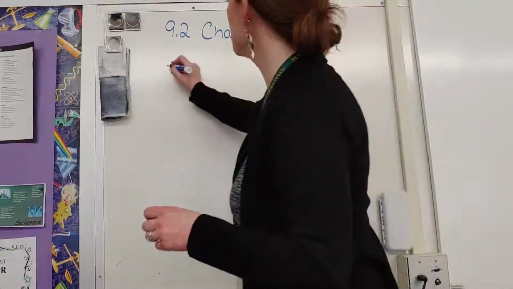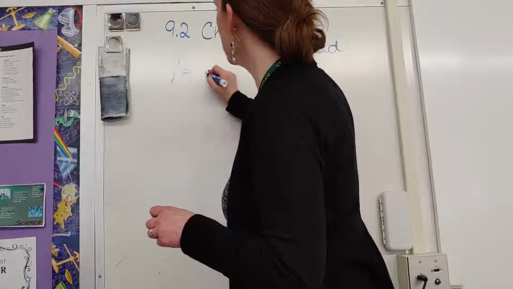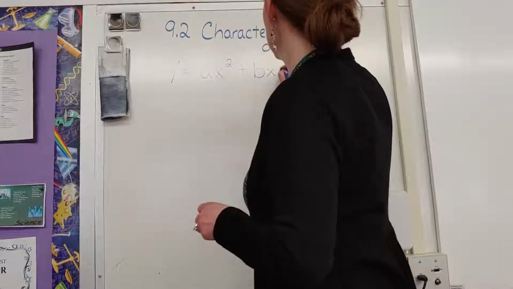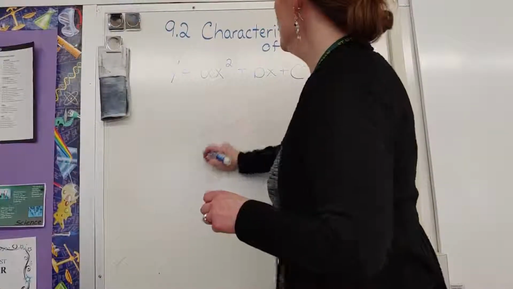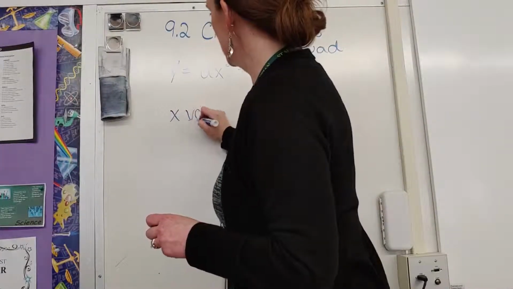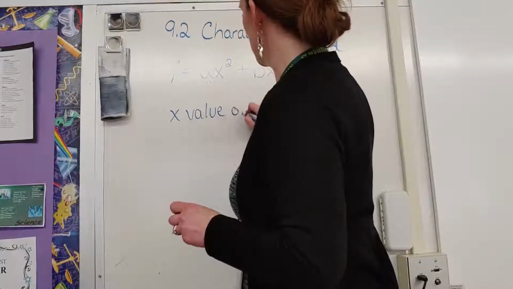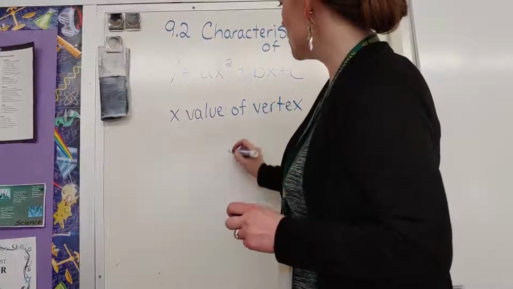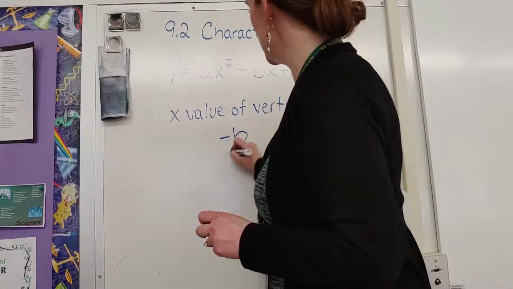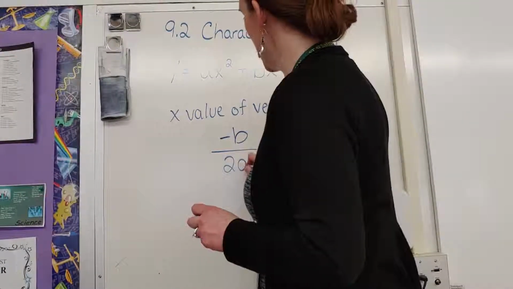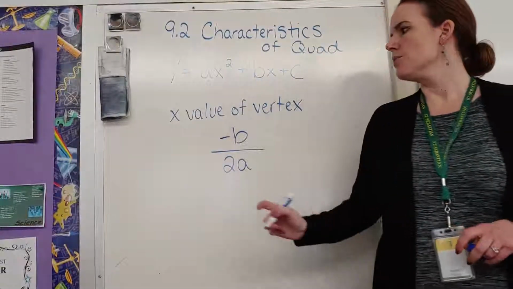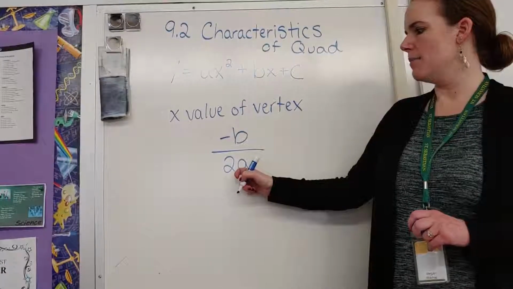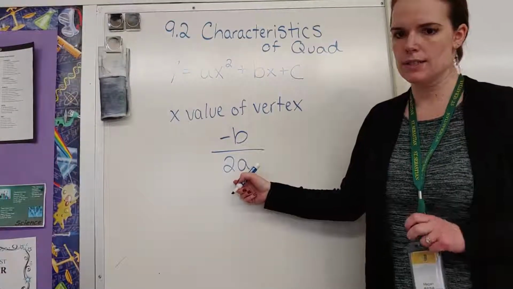So remember, quadratics are always written like this: y equals ax squared plus bx plus c. The x value of your vertex can be found using this formula, negative b divided by 2a. This formula will give you the x value of the vertex.